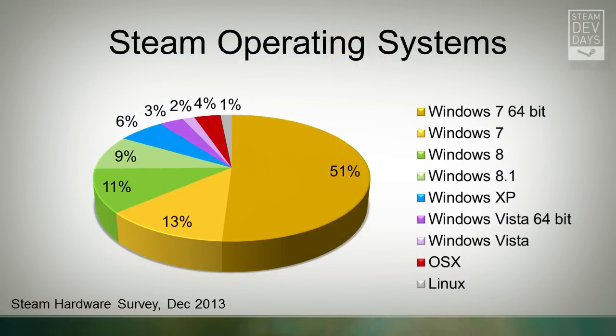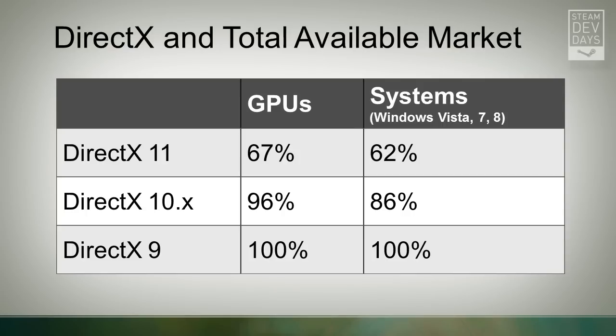If you look at operating systems across Steam users, you'll see, again, the fairly Western audience in this data. We have a large uptake of Windows 7, even Windows 8. There's that little blue wedge of Windows XP still laying around. Even with that little wedge of blue XP there, that has implications for your total available market if you're shipping DirectX.